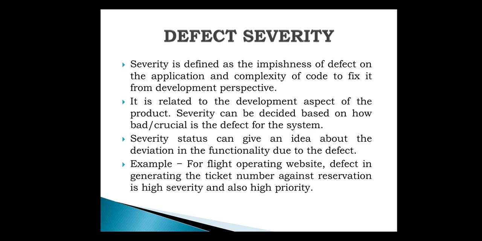Severity can be decided based on how bad or crucial the defect is for the system. The severity status can give an idea about the deviation in the functionality due to the defect. For example, for a flight operating website, a defect in generating the ticket number against a reservation is high severity and also high priority.